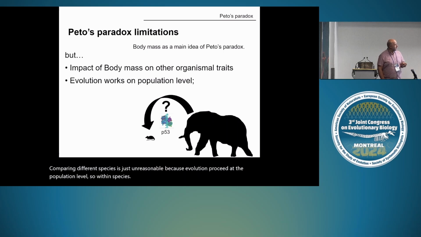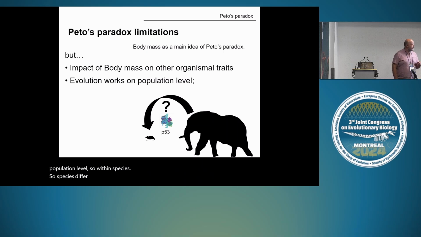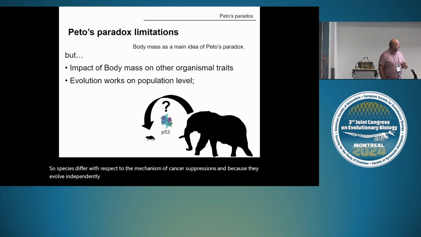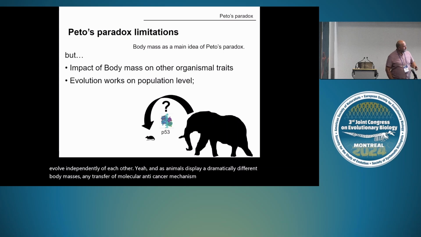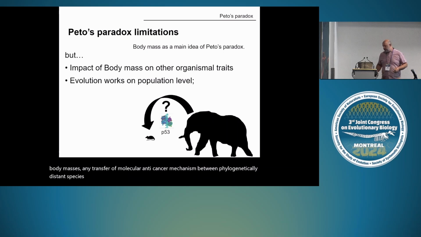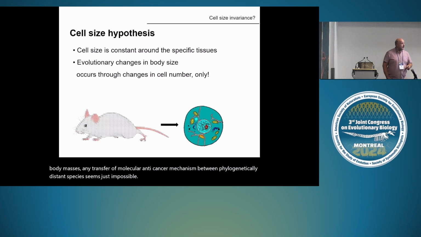Species differ with respect to the mechanisms of cancer suppression because they evolve independently of each other. And as animals display dramatically different body masses, any transfer of molecular anti-cancer mechanisms between phylogenetically distant species seems just impossible.